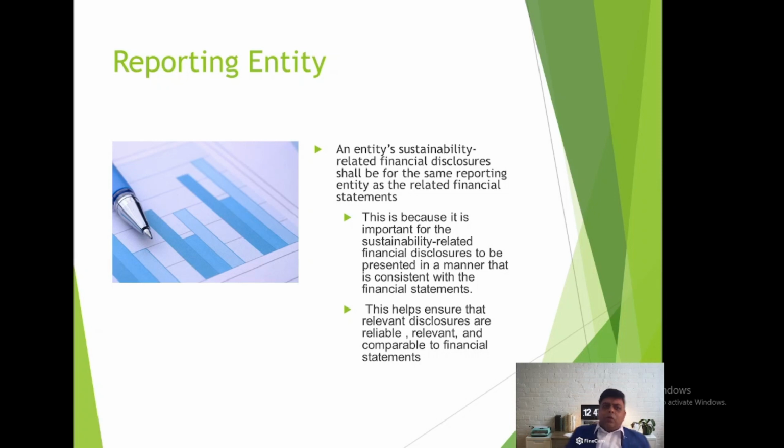So, let's take this example to the next level, where information is not fairly presented or not completely presented. For one subsidiary, seat manufacturing, information related to sustainability doesn't get recorded or disclosed, whereas information related to metal manufacturing is included.